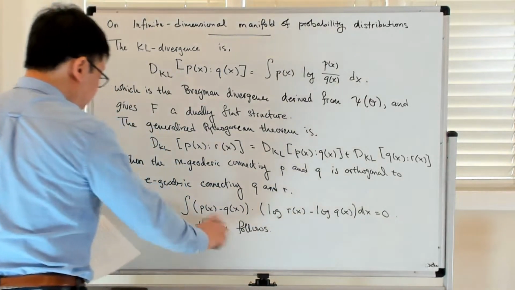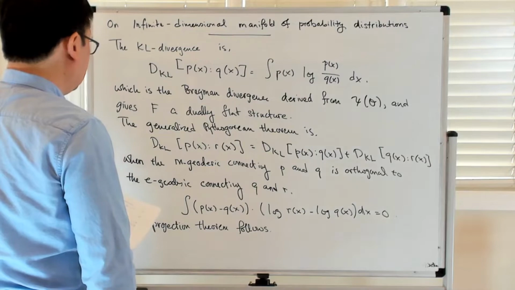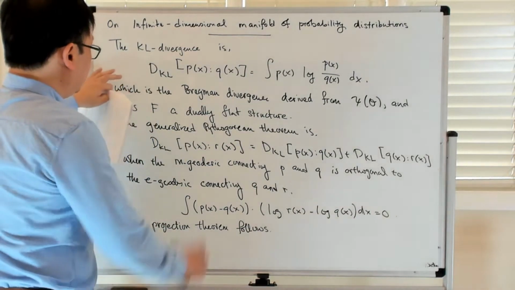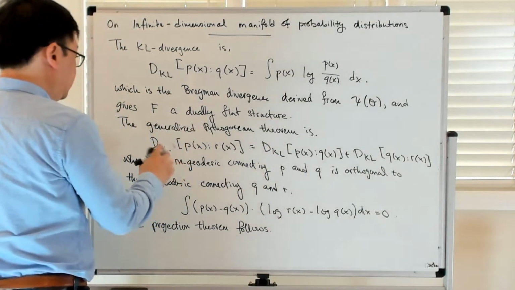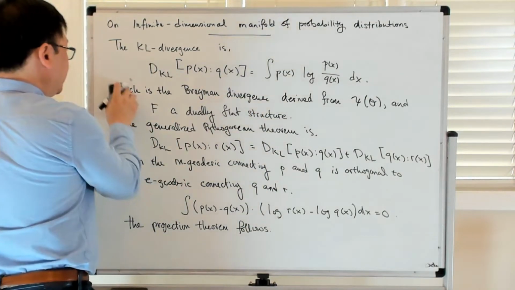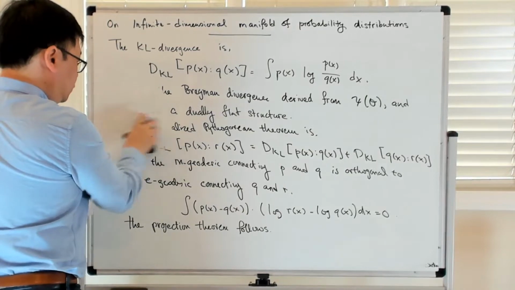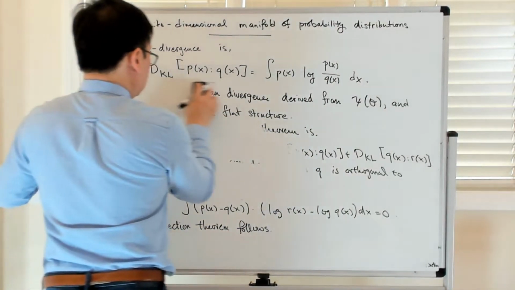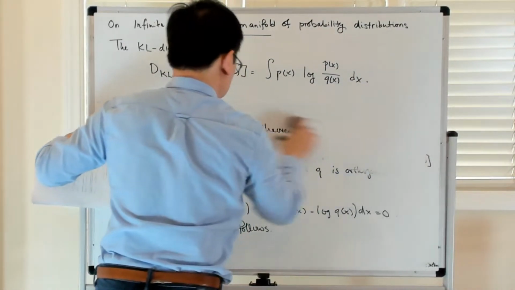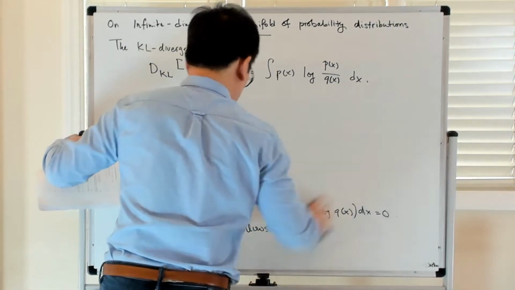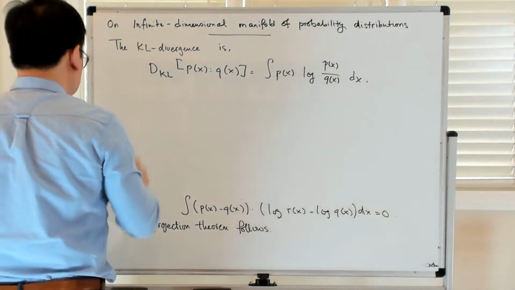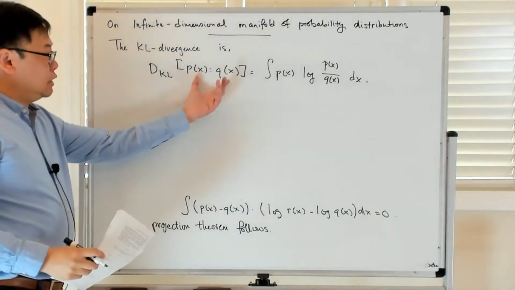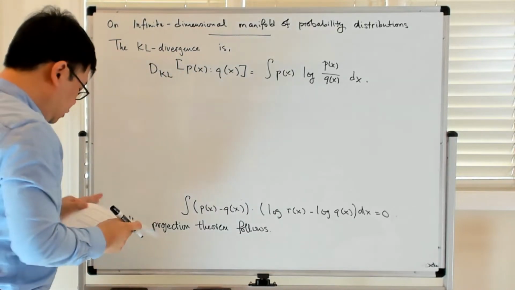So you can expand the KL divergence if you like. Let me just erase most of it, but leave the expression for the KL divergence. So let's say that you want to look at P and Q nearby.